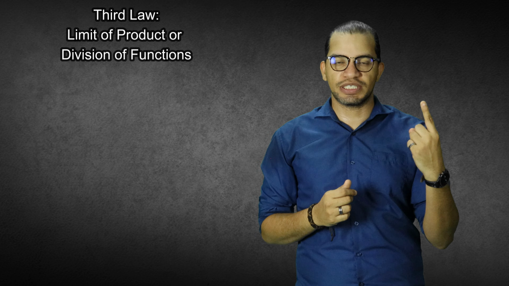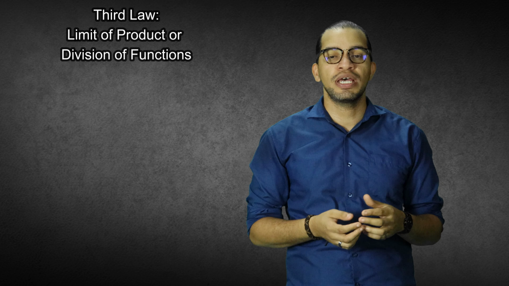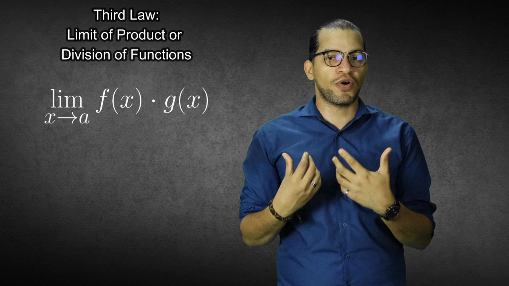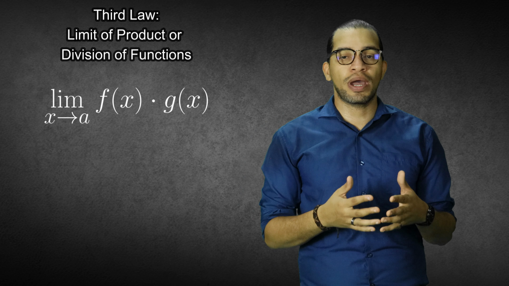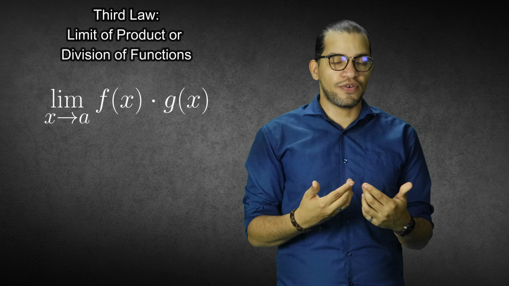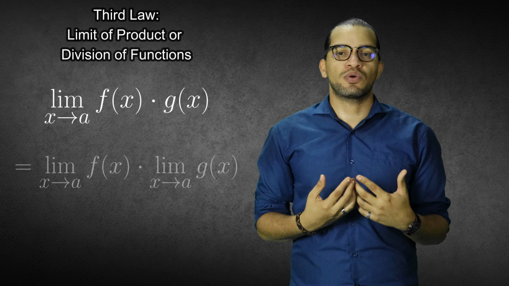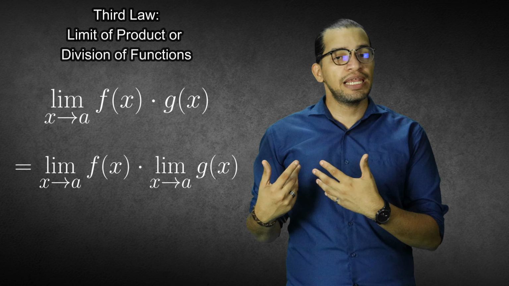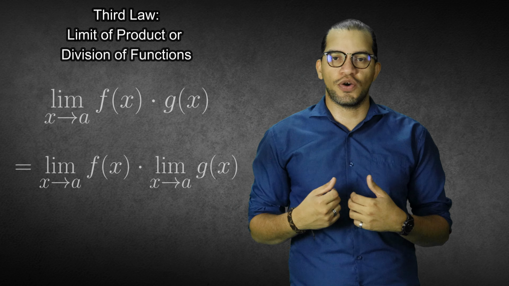The third rule of limits divides itself into parts. The first one establishes that if we have two functions, f and g, and we have the product of those two functions, then the limit when x goes to a of f of x times g of x is equal to the limit when x goes to a of f of x times the limit when x goes to a of g of x.